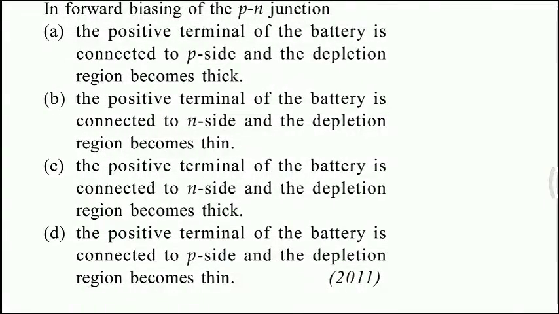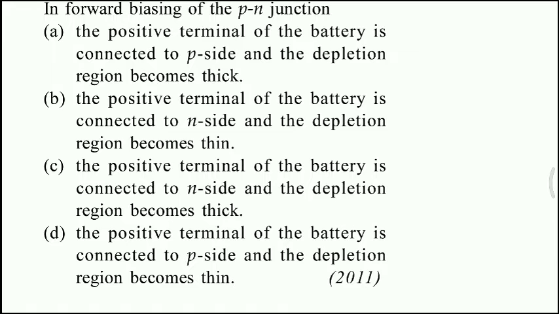Next, in forward biasing of the p-n junction, the positive terminal of the battery is connected to p-type and the depletion region becomes thick. The positive terminal of the battery is connected to n side and the depletion region becomes thin. The positive terminal is connected to n side and the depletion region becomes thick.